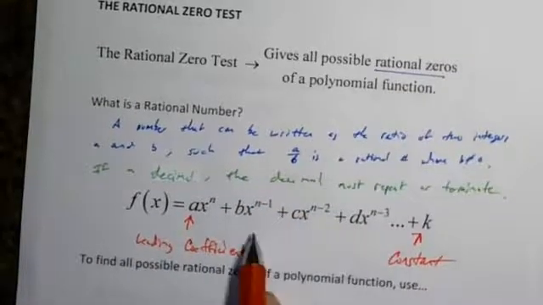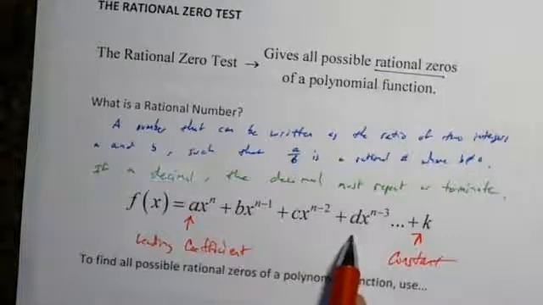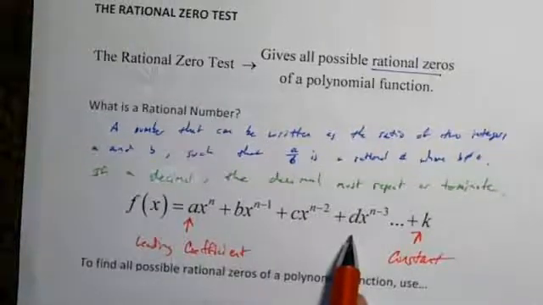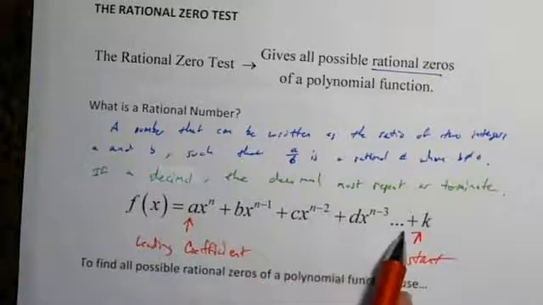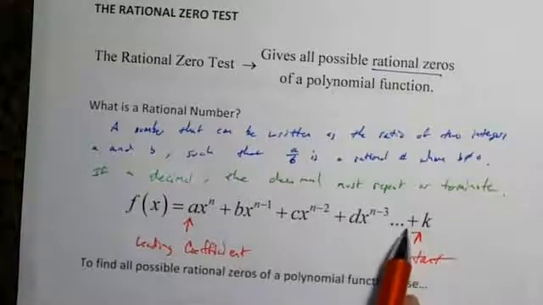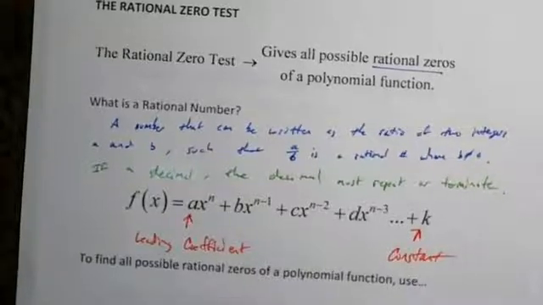What happens in between does not matter. All we're looking for is all the possible rational zeros. Even that sign isn't important. We care about the numbers. That's all we care about. The reason the sign isn't important is because we're going to put plus or minus anyway.